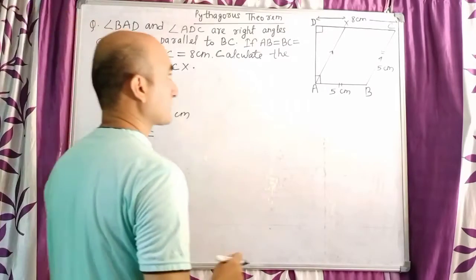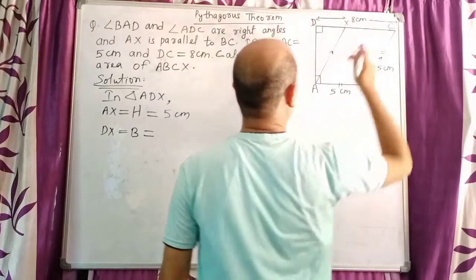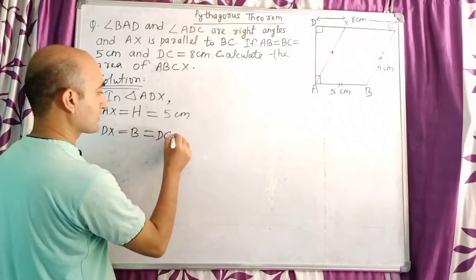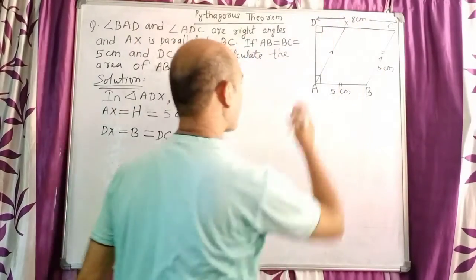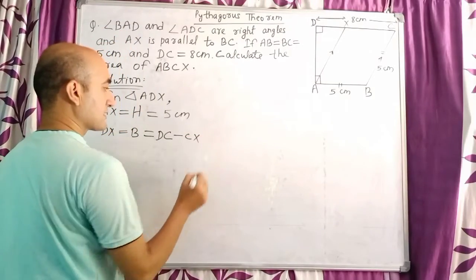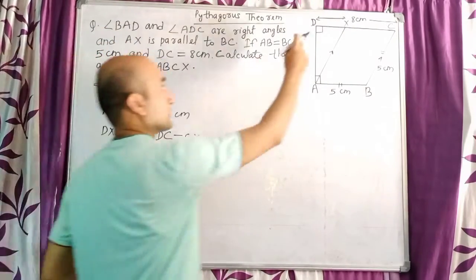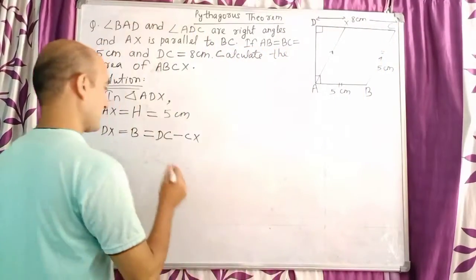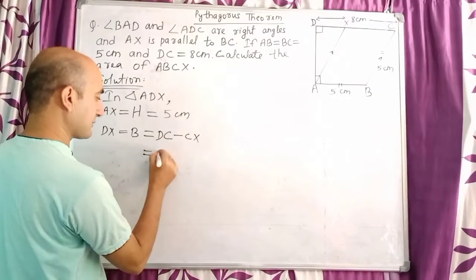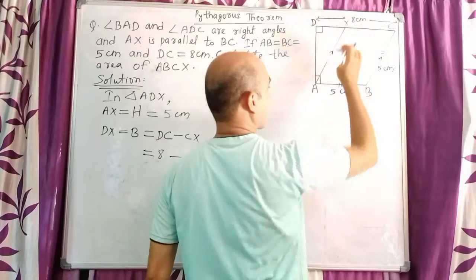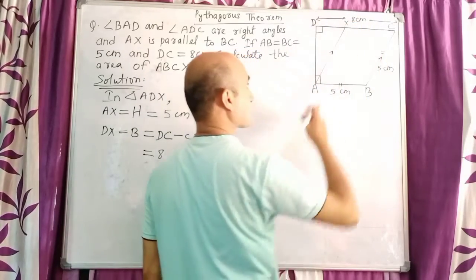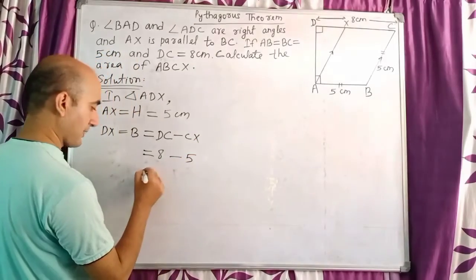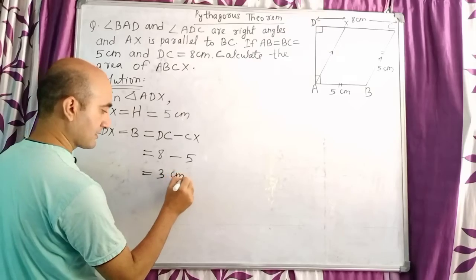DC is 8 centimeter, so DC minus CX will give you DX. Your DC is 8 centimeter and CX is 5 centimeter because all the sides are equal. So 8 minus 5 is 3 centimeter.